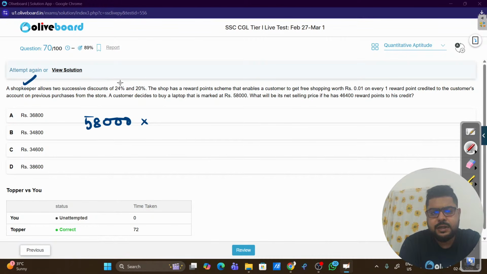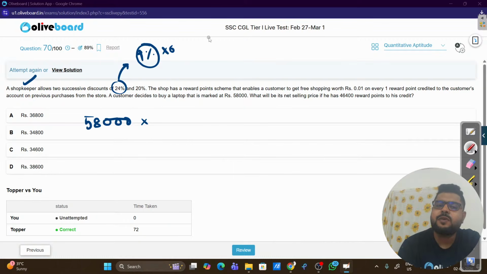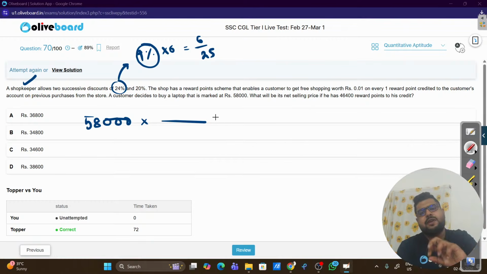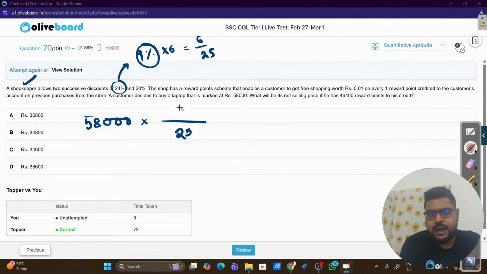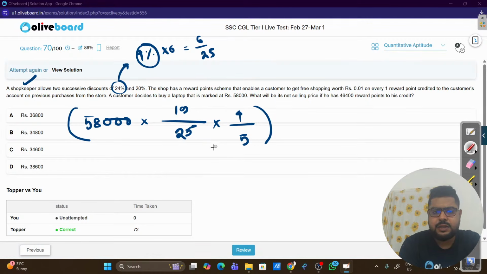58%, so 28% meaning 4% into 6. 4% stands for 1 by 25. So 6 by 25. So for every 25 rupees, 6 rupees discount, meaning 19 rupees. Again, 19 multiplication is not very simple. 20% means 1 by 5, meaning 4 by 5. This is the net amount that he needs to pay. 25 twos are 50, threes are 75.